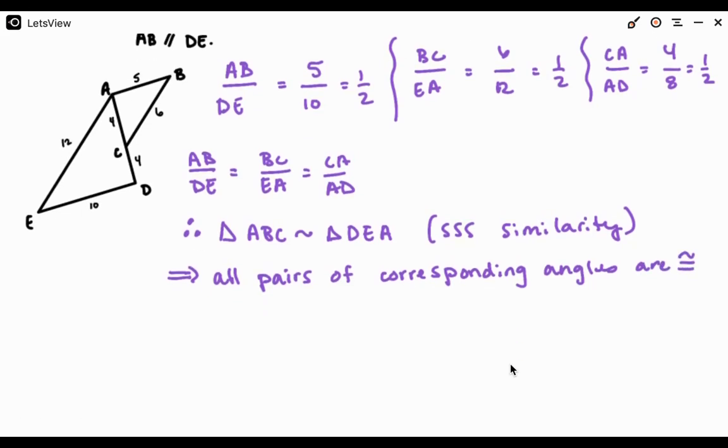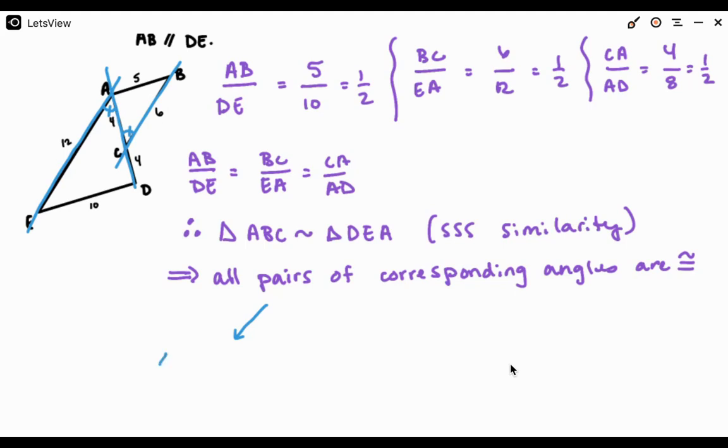Okay, so let's find some pairs of corresponding angles. Let's look at ones that might help us with EA and BC. So those are two parallel lines. Here they're cut by a transversal, and I would know that this angle is congruent to that angle.